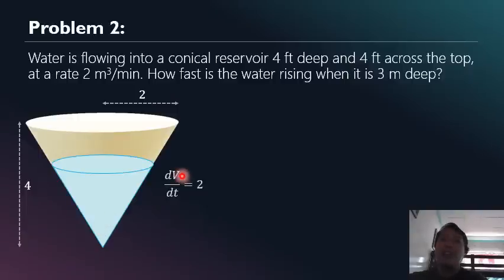Now, let us go to the question, how fast is the water rising? Kung ang tubig na ito ay umaangat, kasi nga may pumapasok na tubig, ano ang height ng water at any given time? So, dapat ma-represent din natin yun as a variable. Kasi nagbabago yung height ng tubig at any time. So, let the variable be simply h. So, that is the height of the water at any instant.